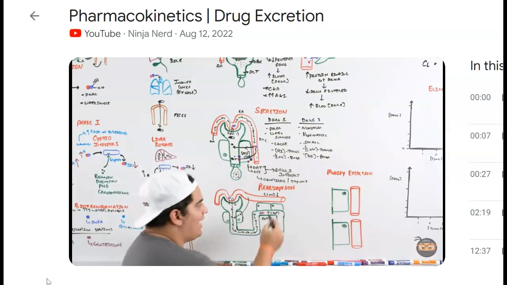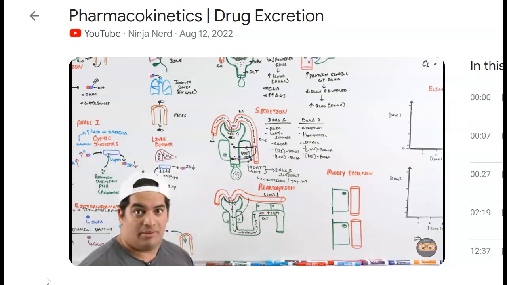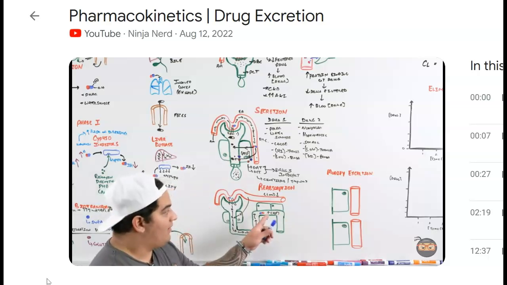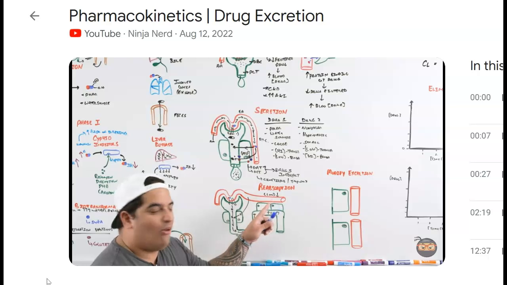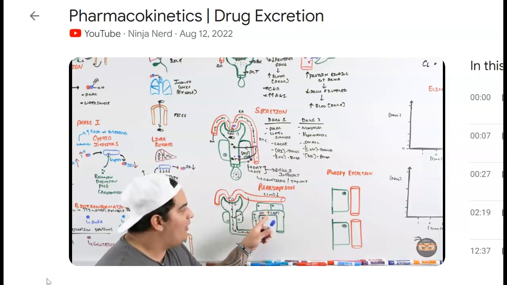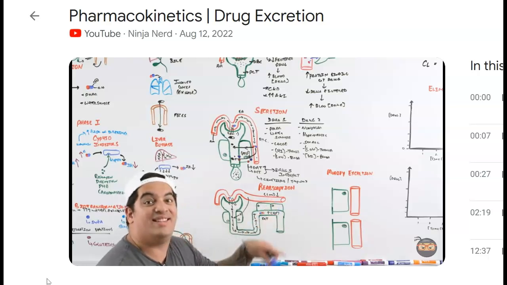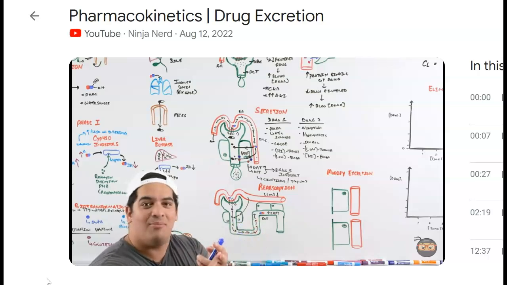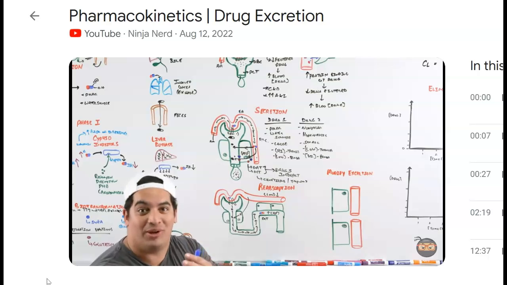So because of that, that's a good concentration gradient for drugs to be able to move from areas of high to low. But what kind of drug would move down its concentration gradient easily without any kind of transporter? A small, nonpolar, and hydrophobic drug.